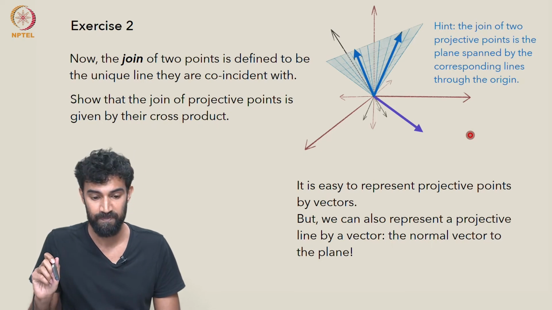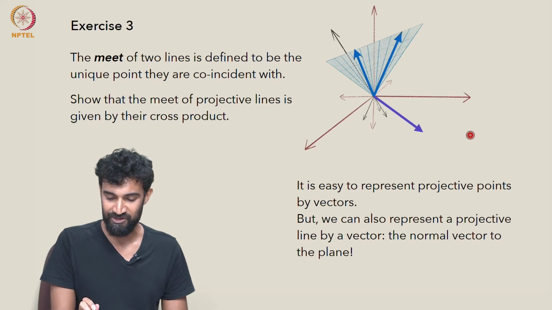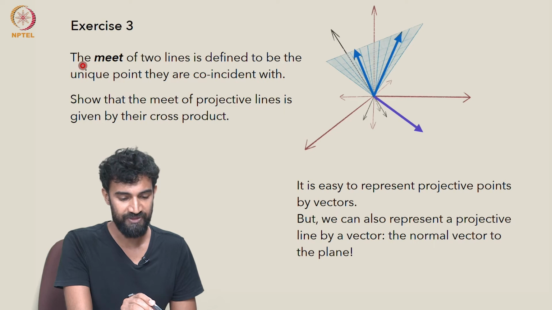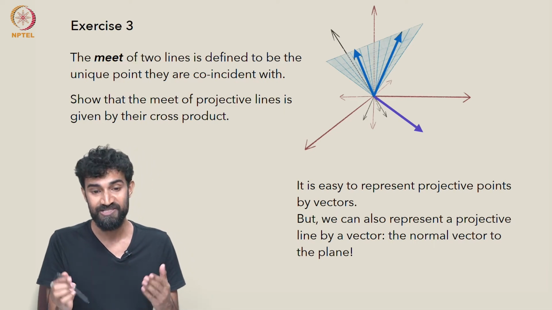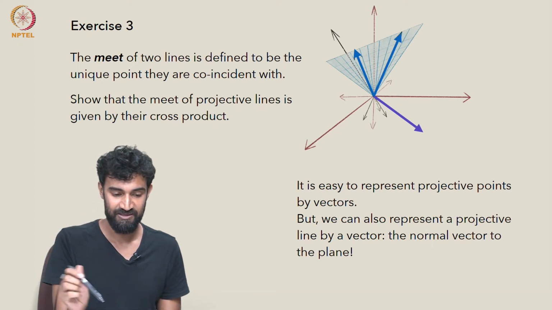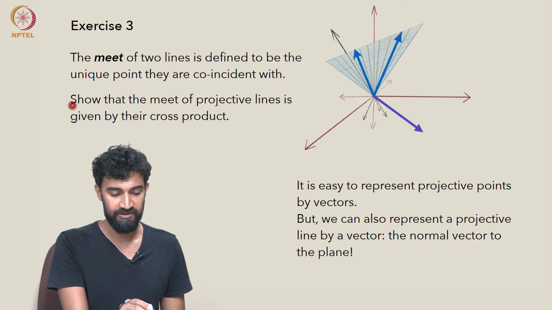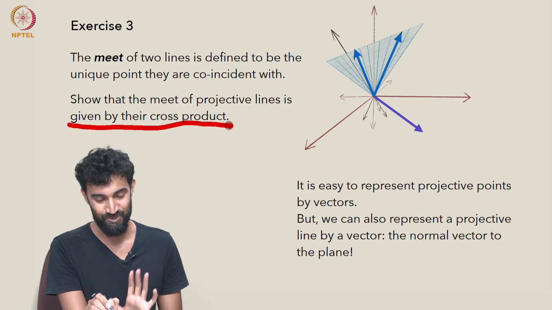And a third exercise: I want to define the meet of two lines to be the unique point that they are coincident with, the unique point that they intersect at. So given two projective lines, I claim that the meet of two projective lines is given by their cross product as well.